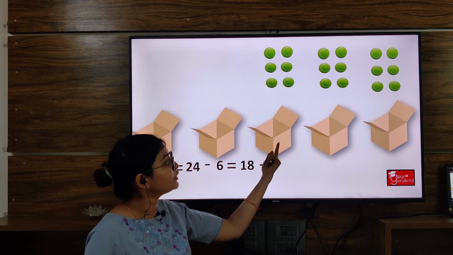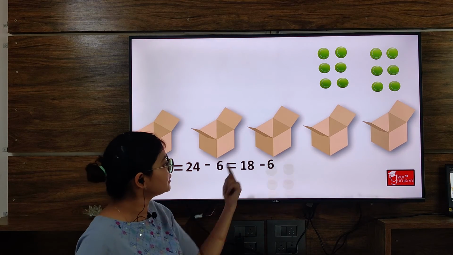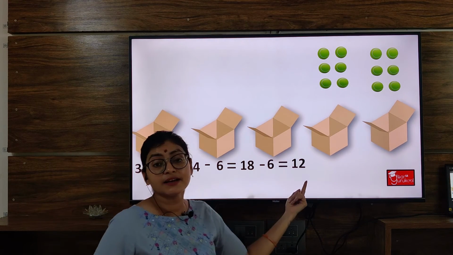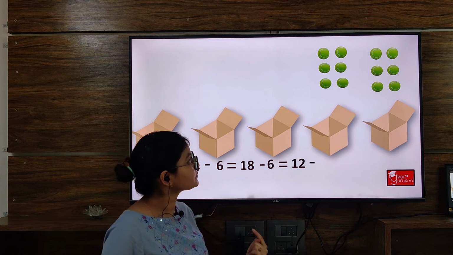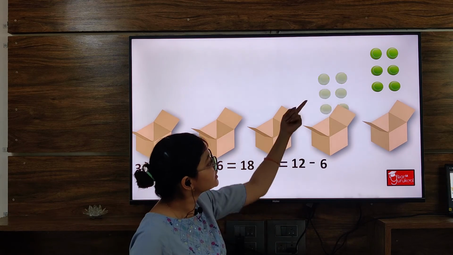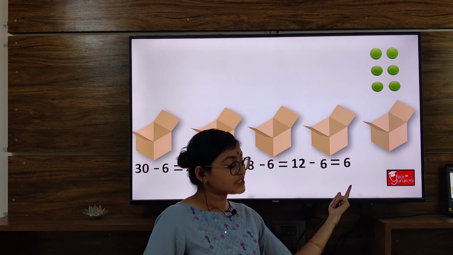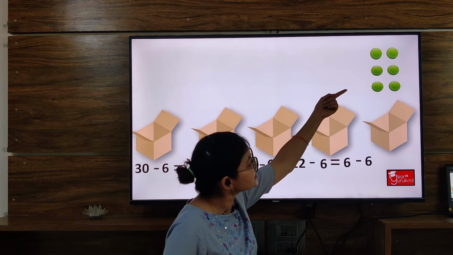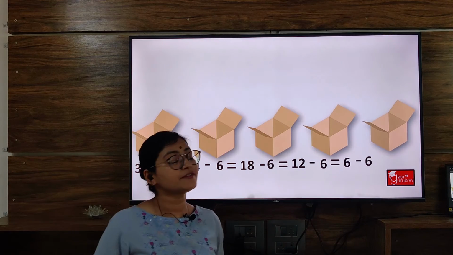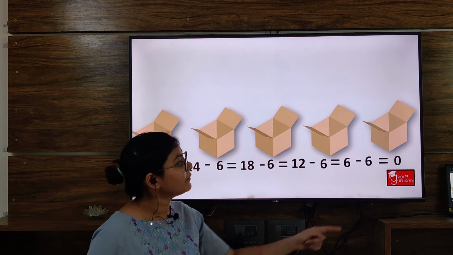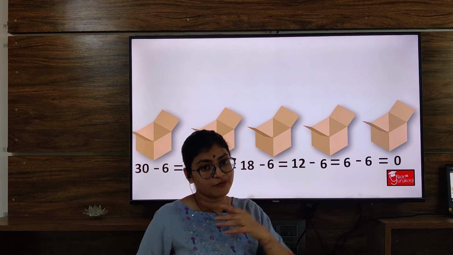Now here comes the third box. 6 balls in the third box and I am left with 12 balls. Now 6 balls in the fourth box and I am left with 6 balls. Now these 6 balls will go in the fifth or last box and I am left with 0 balls.